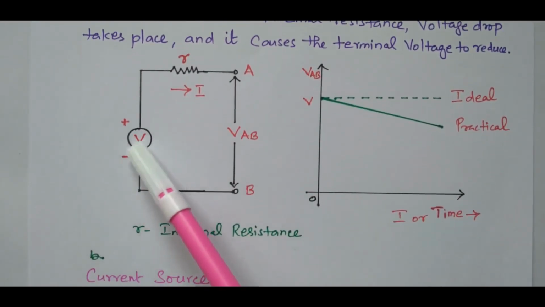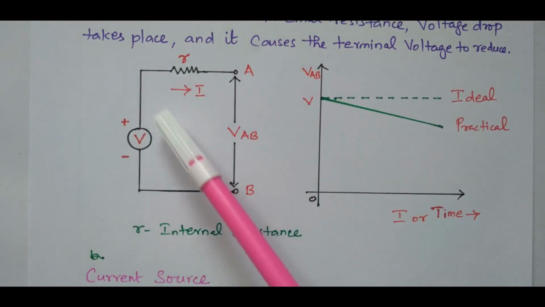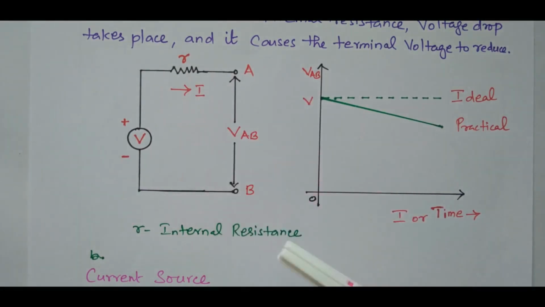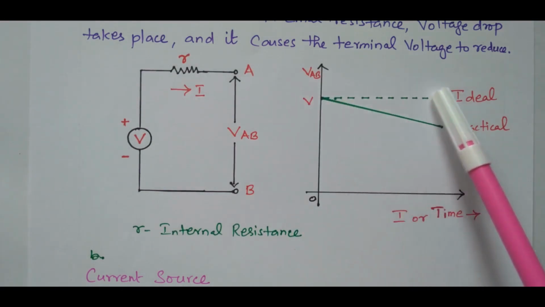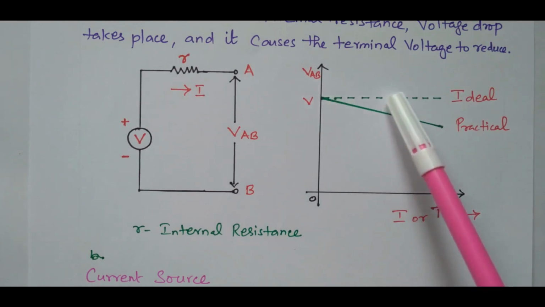So the voltage source is available. This is the internal resistance R. The current is flowing. Across the terminals A and B, this is the voltage VAB. The graph is drawn between voltage with respect to current or time. In the case of an ideal voltage source, the voltage is constant. Whether the current increases or decreases, or time increases or decreases, the voltage remains constant.